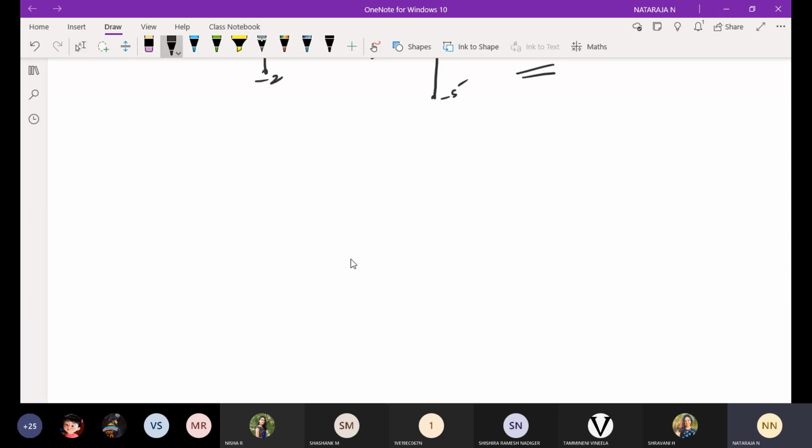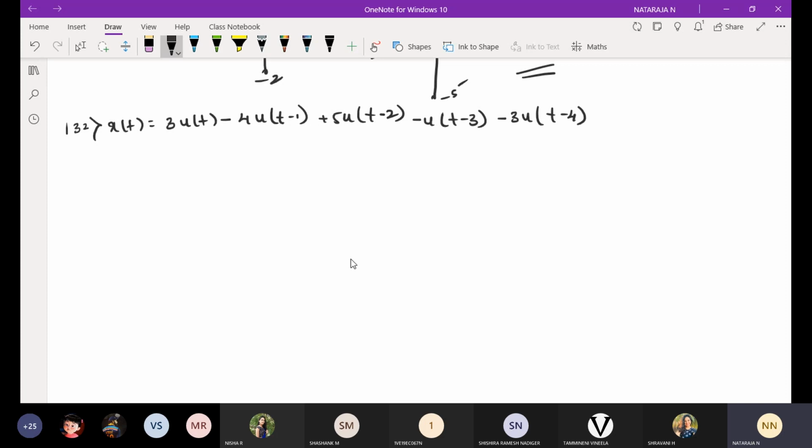Try this problem. x of t is equal to 3u of t minus 4u of t minus 1 plus 5u of t minus 2 minus u of t minus 3 minus 3u of t minus 4.